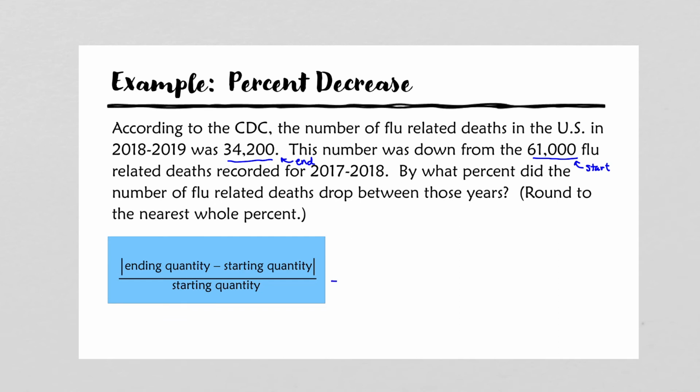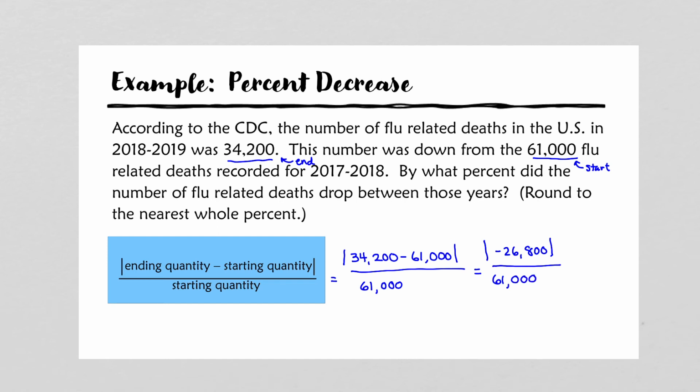If we apply these to our formula, we have the absolute value of 34,200 minus 61,000. All of that is divided by 61,000. Inside that absolute value, we use a calculator and subtract. 34,200 minus 61,000 is negative 26,800, absolute value, divided by 61,000.